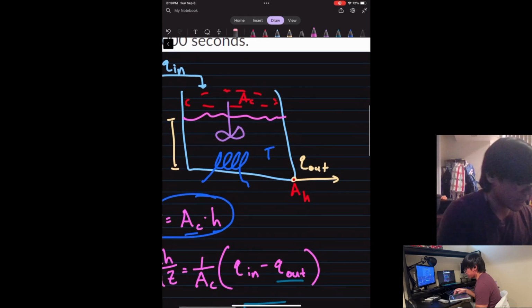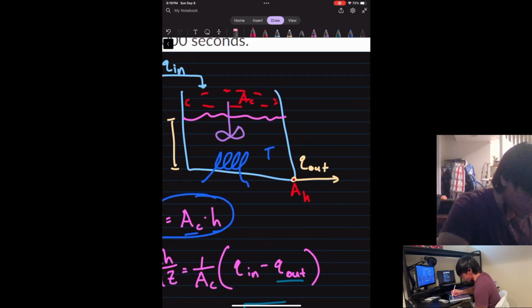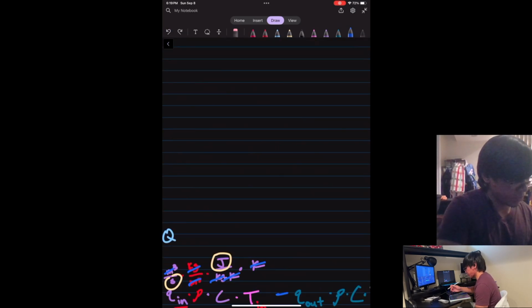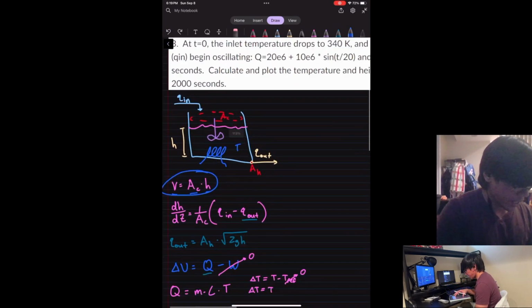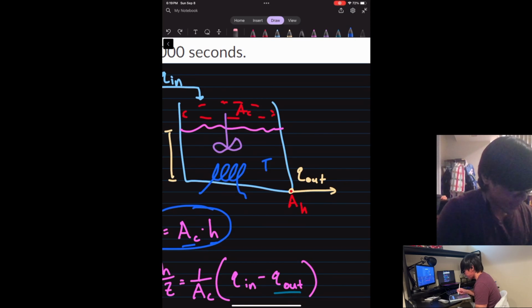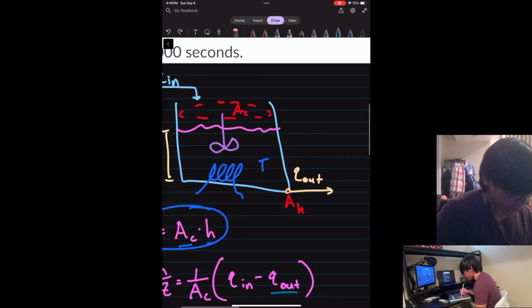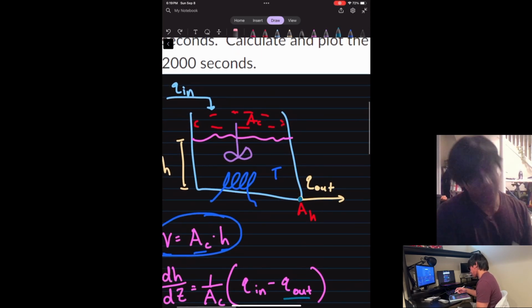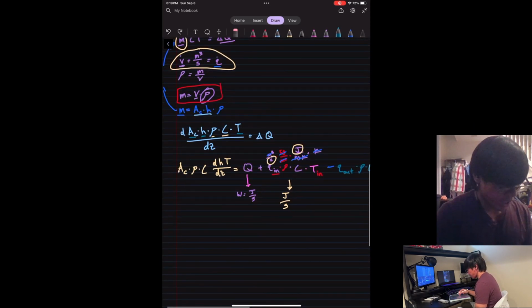And what that means is that all of the water within this tank is the same temperature. That's what it means to be well mixed. And so because of that, we can say that the temperature of the water leaving at this hole here is the same temperature as the water throughout the entire tank. And that's why I can keep that as T.